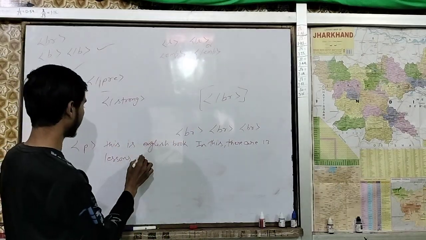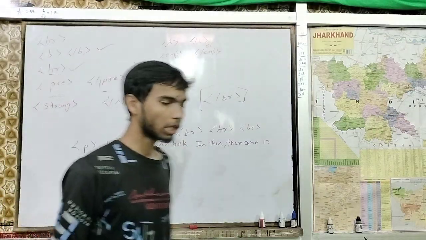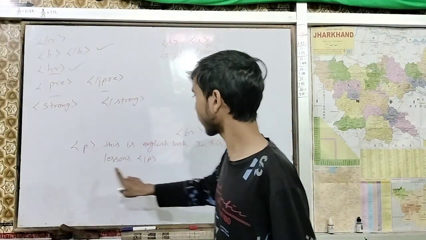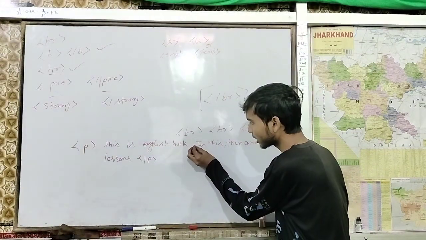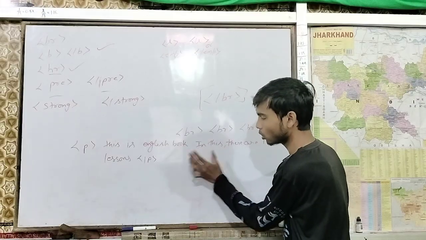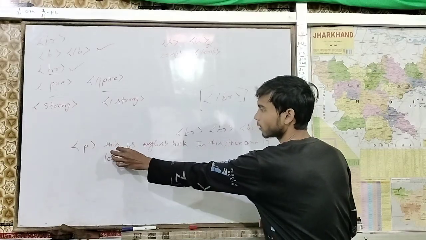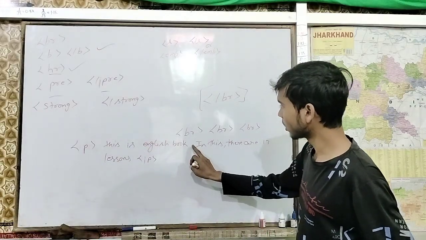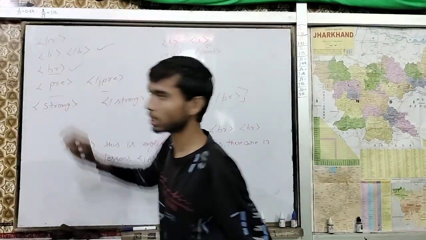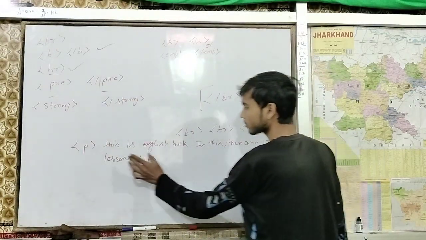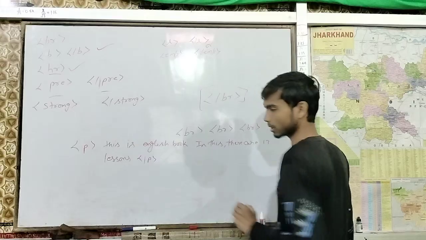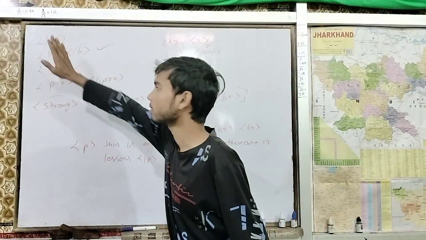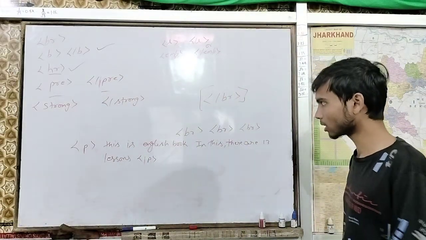Slash p. What are you understanding here? If you want to break this sentence so that it appears below this sentence, what will you do? Of course, you will insert br, so that it is written below this sentence. This is what happens when we use the br tag.